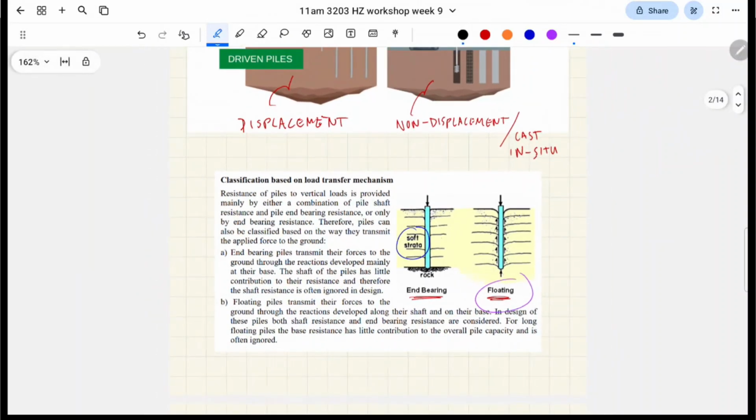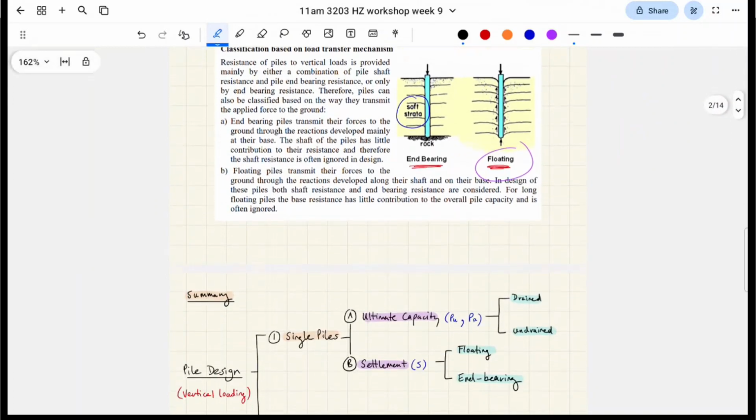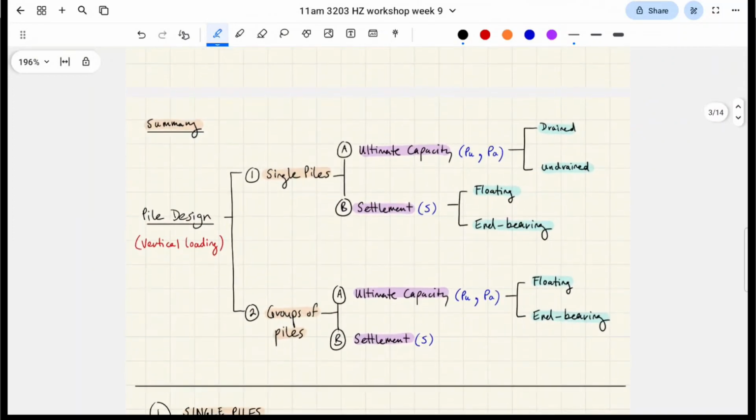That's pretty much all the overall terminology that you need to learn. Here I have a little tree diagram of what goes into pile design, right? The majority of our efforts we focused on single piles, because you learn that groups of piles is actually just an extension of single pile design. There's not that much extra content in this tree.